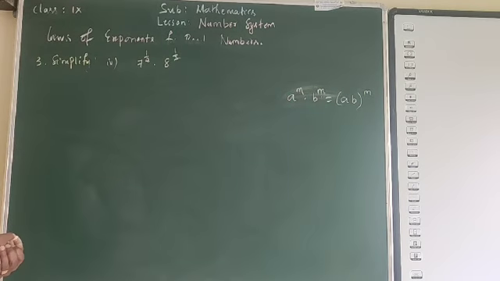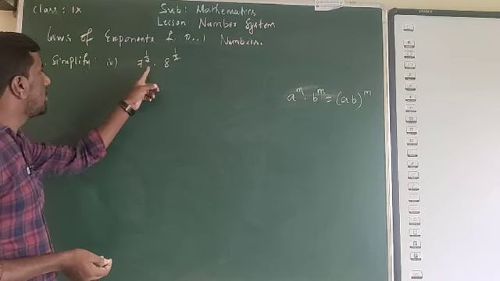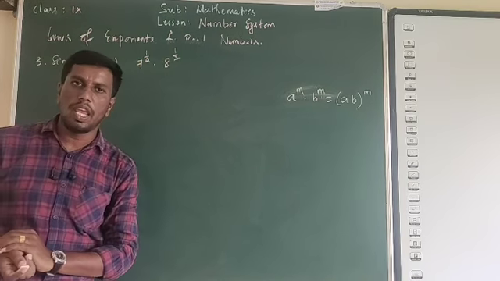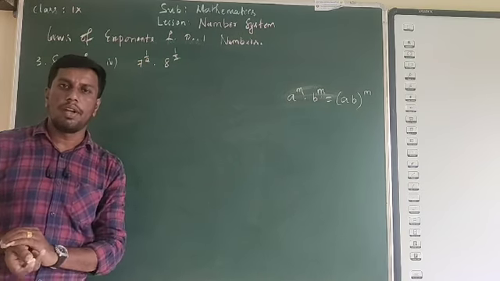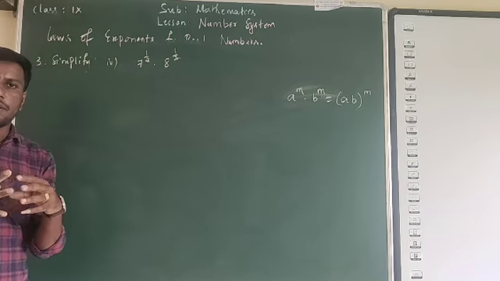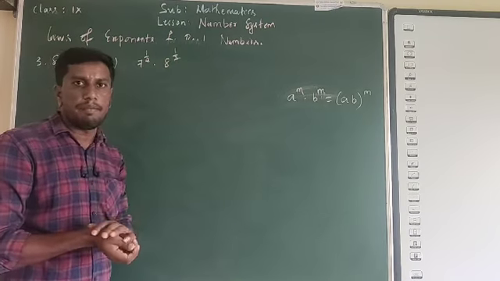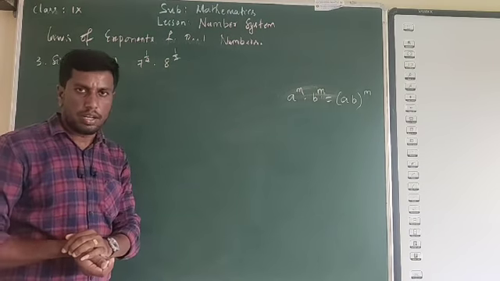Fourth rule, right? This we have also studied. You can observe that here the bases are different and the powers are the same. So we can combine the bases and write the common power, because the powers are the same. Here it is multiplication. Correct?